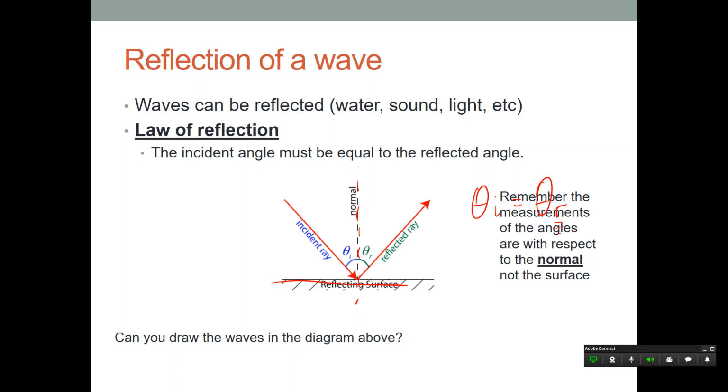You'll make calculation mistakes if you use the wrong angle. So this is the law of reflection. Incident angle is equal to the reflected angle. That kind of makes sense because it's the same, but in the opposite direction, kind of like a mirror.